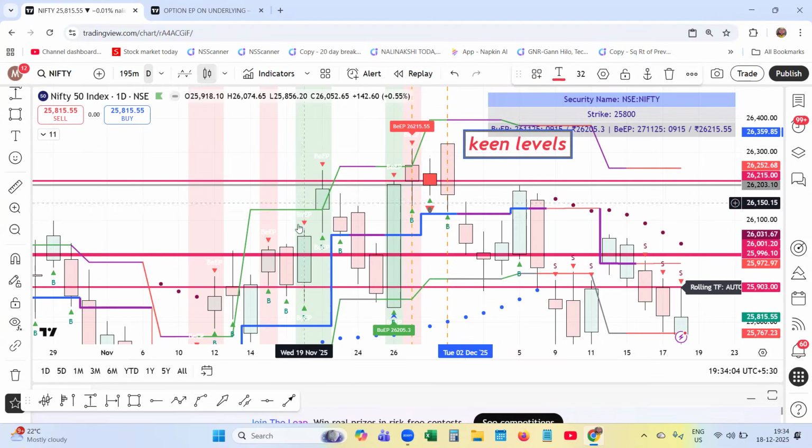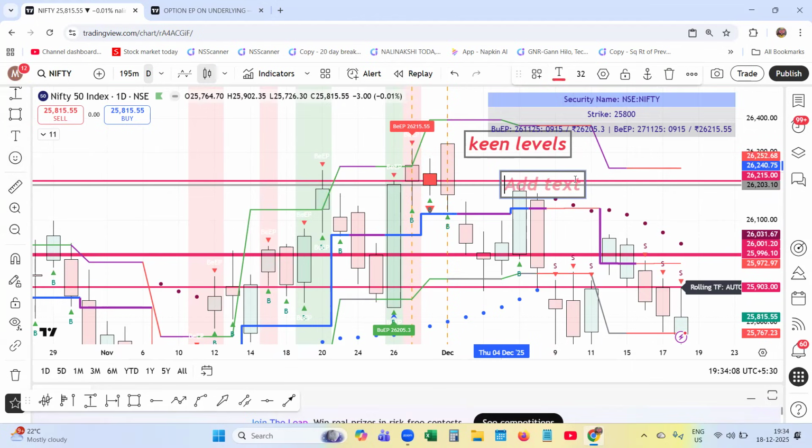On Friday, 5th December, the real event day, the price opened lower and tried to move to the episodic pivot level, could not close above that. Next day, market started coming down.